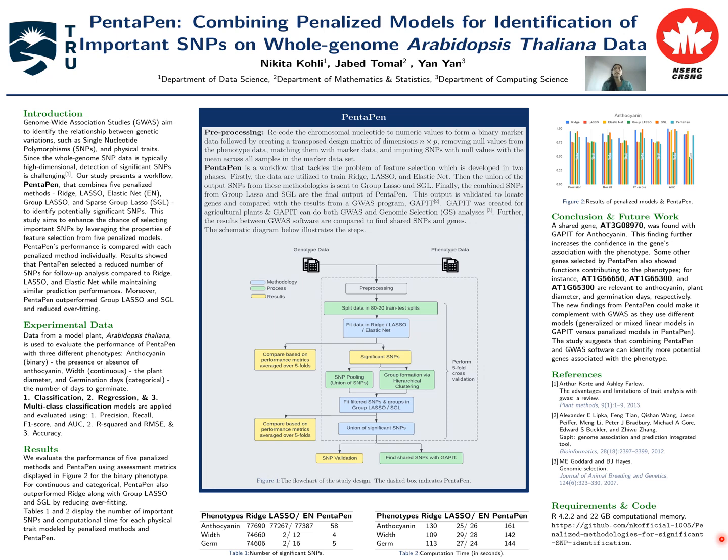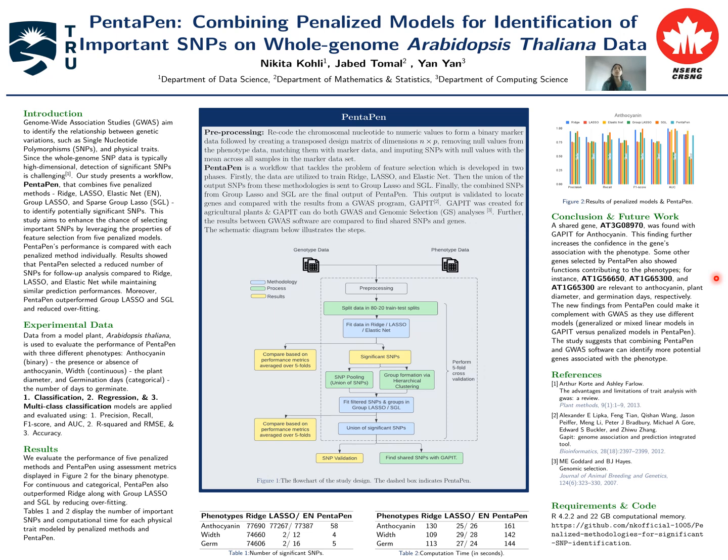The advantage of Pentapen is that it selects a reduced number of significant SNPs which are easier to assess further for biological interpretations. SNP validation indicated that some genes found based on these SNPs from Pentapen showed functions contributing to the phenotypes.